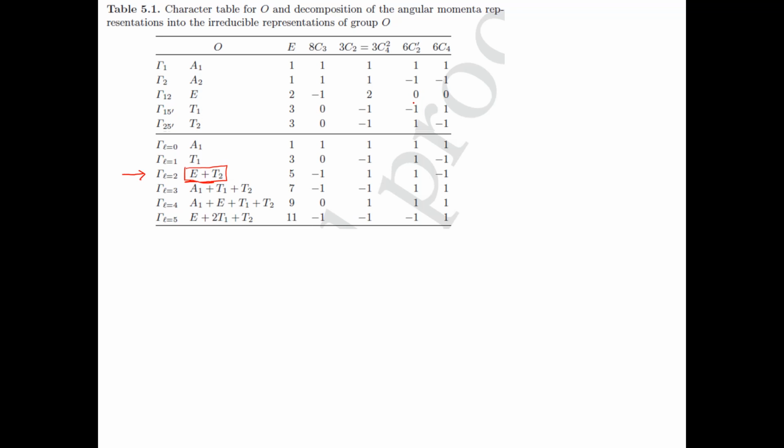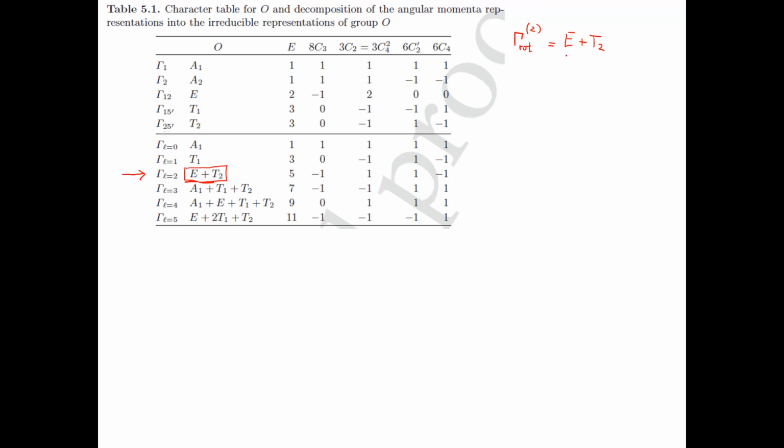It calls it gamma rotation for full rotation for L equals to 2, so gamma rot 2. It's saying that for this specific case it will decompose into E plus T2. So we have a five-fold degeneracy, or a five-dimensional representation.